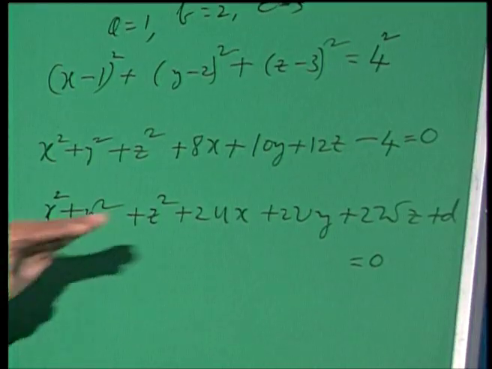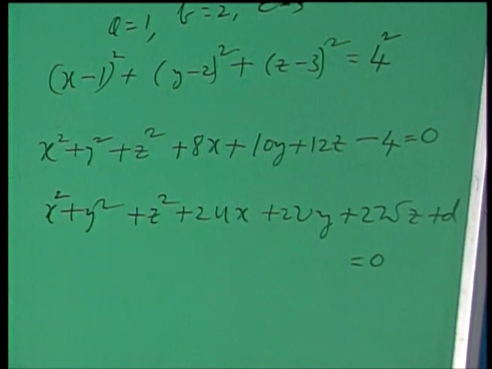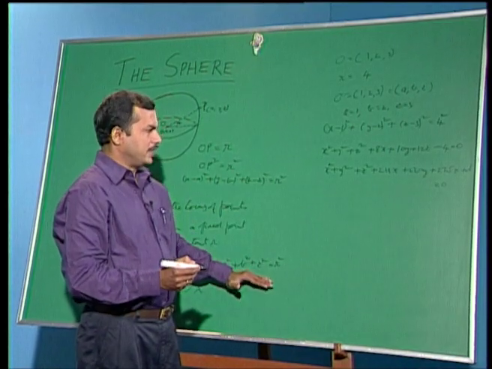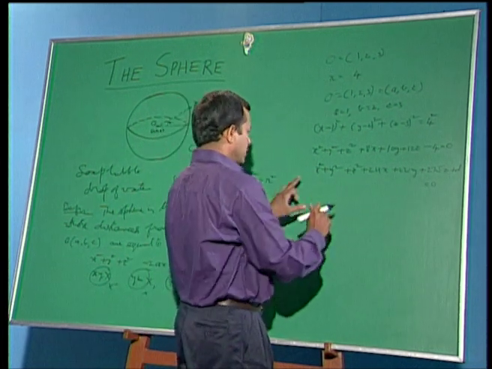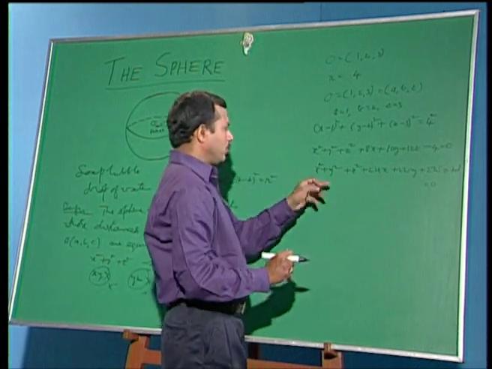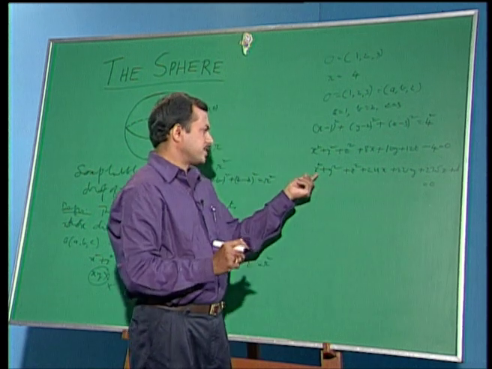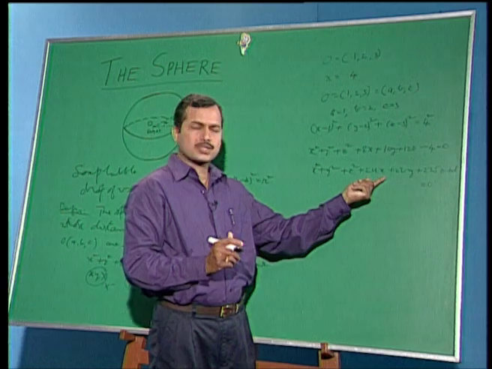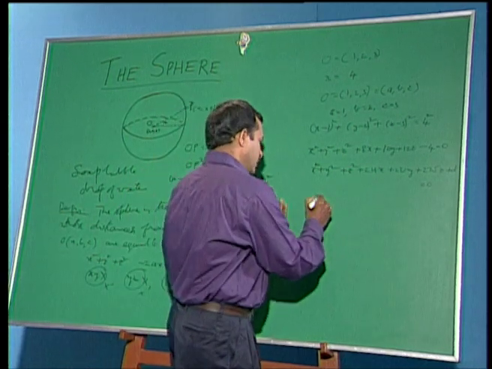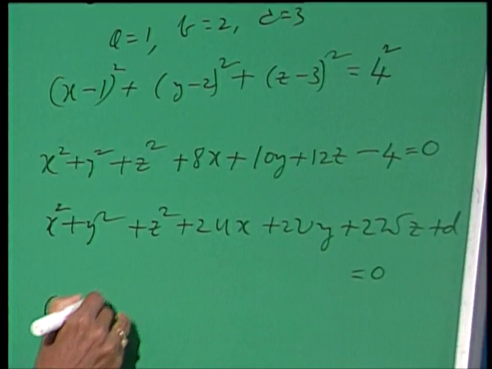If you compare this with this equation and try to find out, the radius becomes the following. In fact, here we form perfect squares. This is x square term, this is 2ux term, this contributes for (x plus u) whole square.